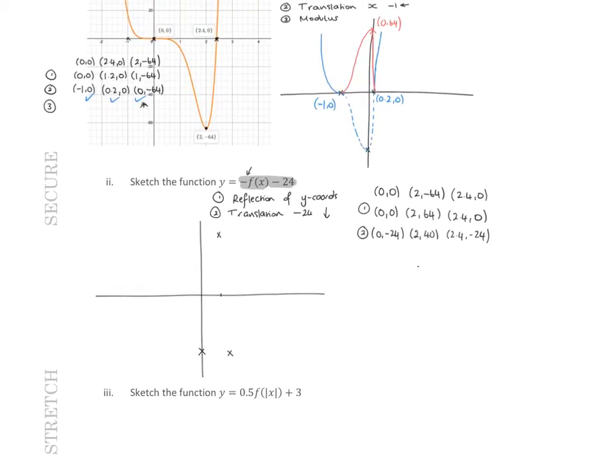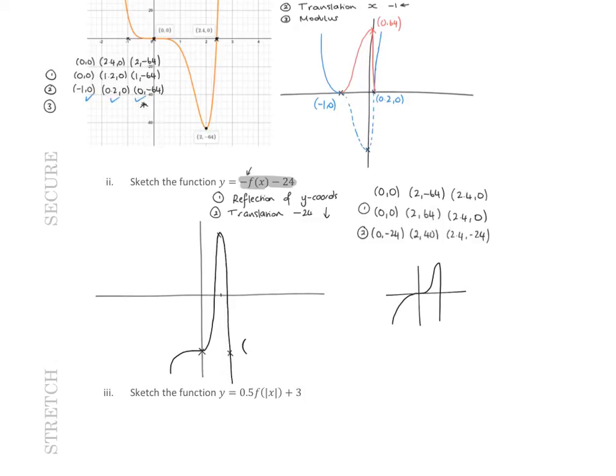So, and then I'm going to do a little mini sketch of what's actually happened, because often this makes it easier as well. So the first thing that's happened is it's been reflected over, so it's done this, and then it goes that, and then the whole thing's been moved down. So it's going to look like this. So it comes up, and then shoots straight up here, and then comes straight back down again.